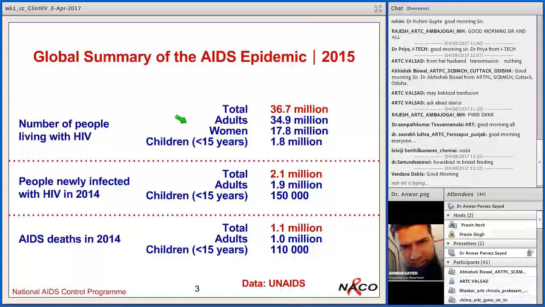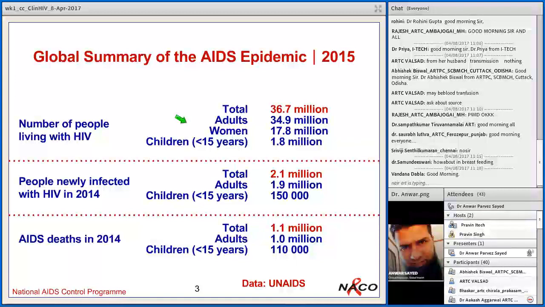Even if the husband acquired the infection first and the woman is diagnosed first, it completely changes the scenario. People will start blaming women. That is why, it is not a small number, almost half of the HIV positive population is women, and special steps need to be taken to deal with them.